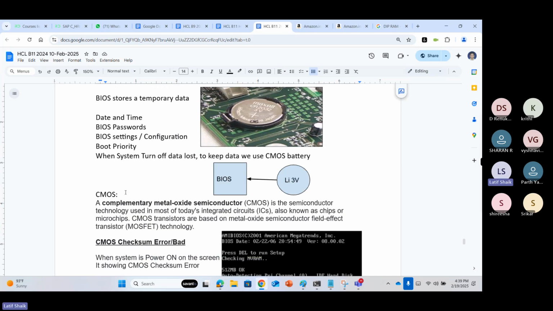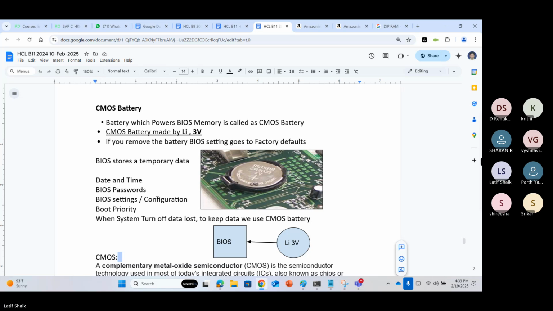CMOS is a chip manufacturing technology, like NMOS. Using CMOS technology, they build your processor, RAM, ROM, everything. This 3 volts supply is enough to keep your CMOS BIOS chip running.